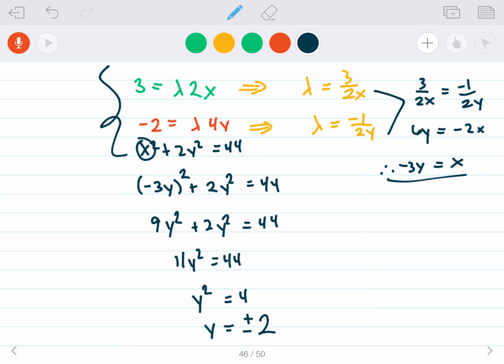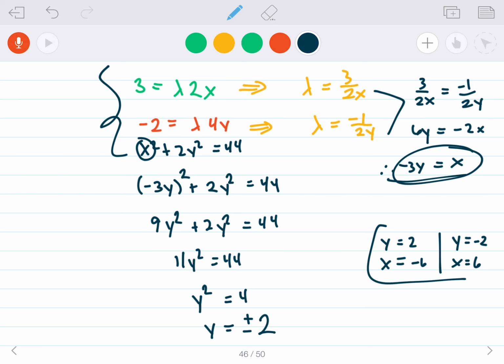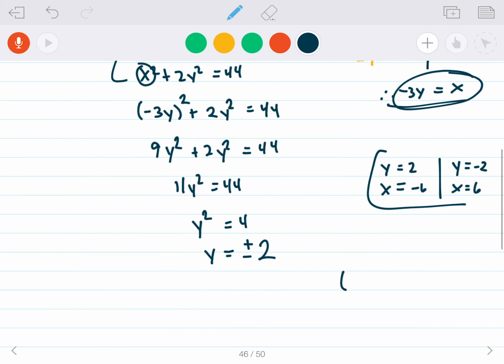When y is equal to positive 2, following the equation up here, we get x is equal to negative 6. And when y is equal to negative 2, we get x is equal to positive 6. So those are the critical points. The first one we have x is negative 6, y is 2. We'll figure out what z is in a bit. And the second one, x is 6, y is negative 2.